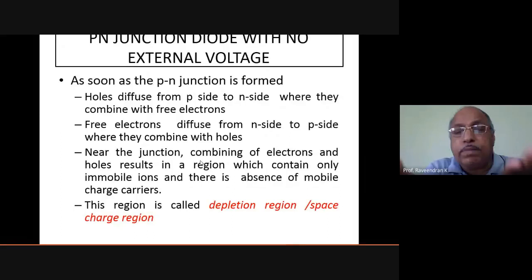so that they become immobile ions with the recombination of electron hole pairs. So these immobile ions formed in the region are usually called a depletion region or a space charge region, where the electron hole pairs have been recombined. And what is the behavior of this region? See, here it is shown.